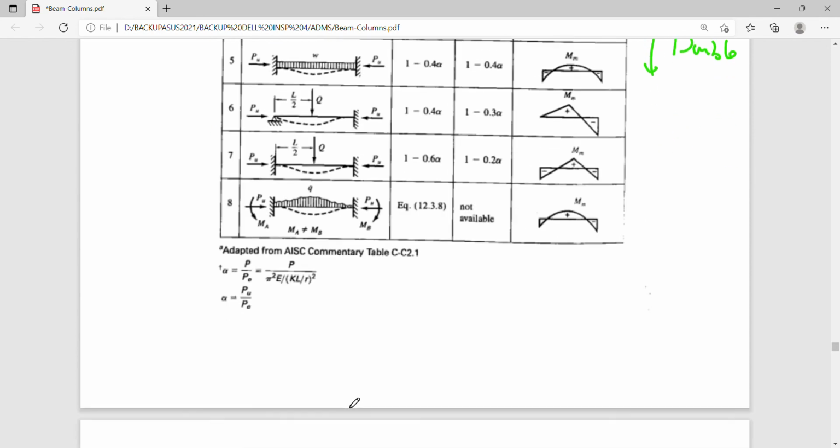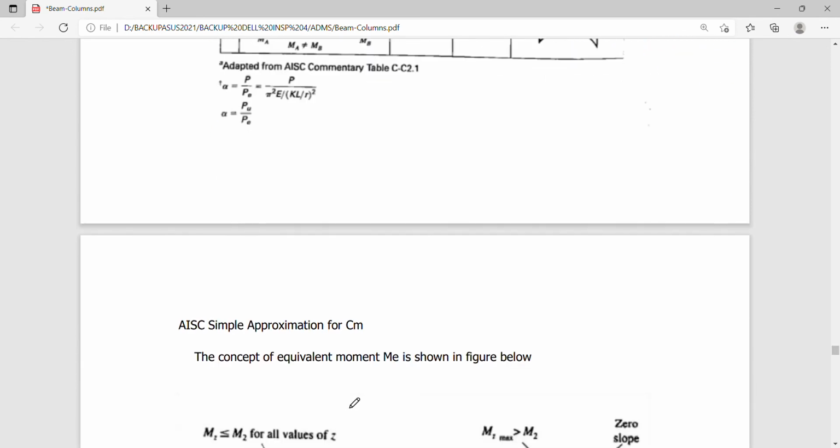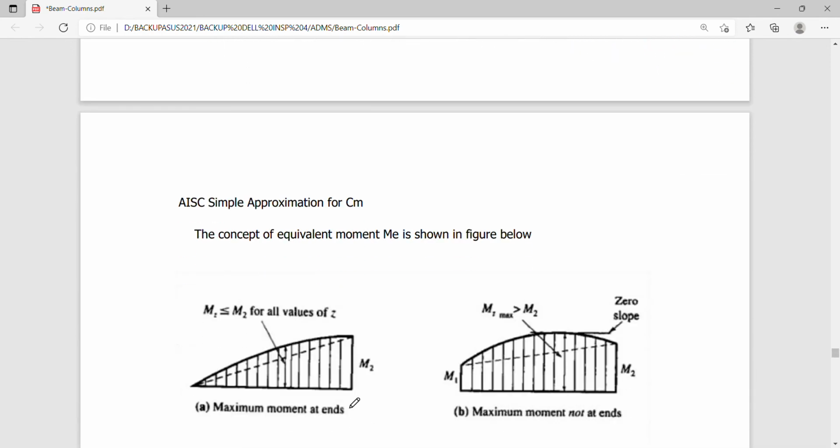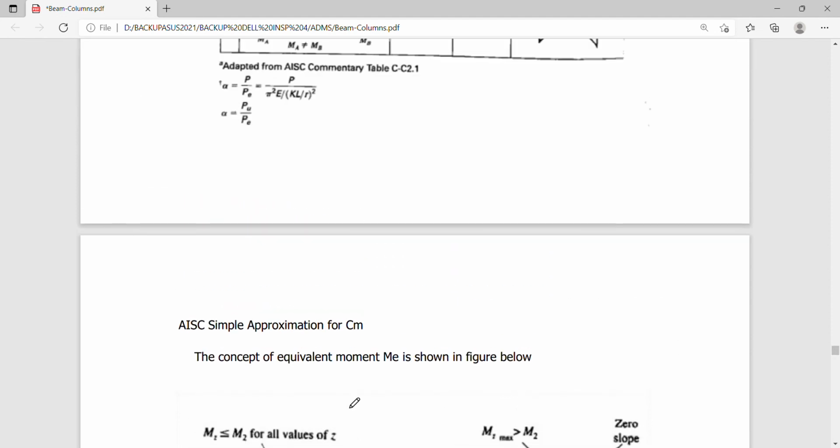The reason for that is the change in curvature, which causes some misbehavior in the use of the equation. So there's also a simple approximation for Cm, simplified by some proponents, and this is the one used by AISC.